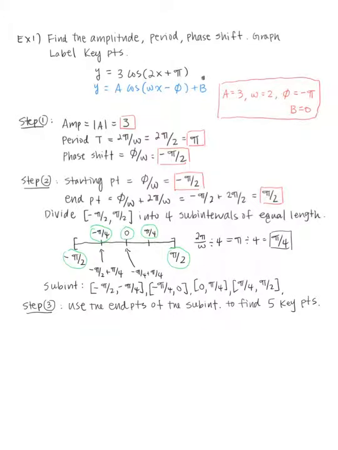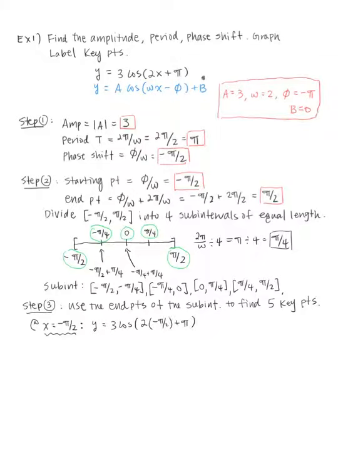All right, so let's go with x equals negative pi over 2. So our y is going to become 3 cosine of 2 times negative pi over 2 and then plus pi.